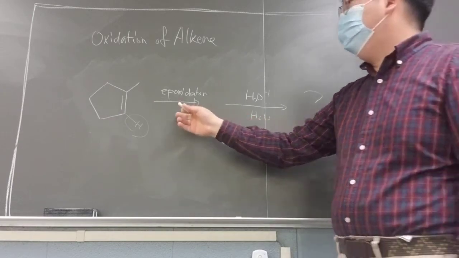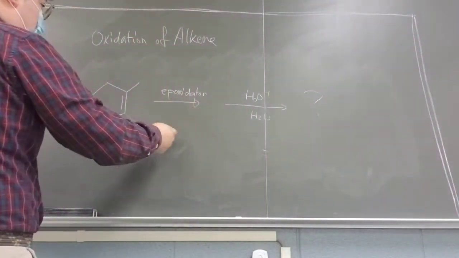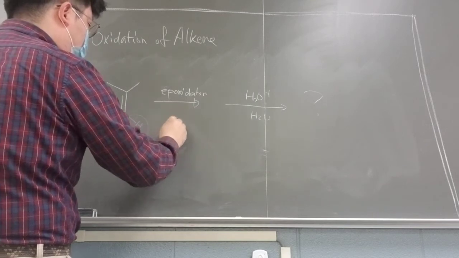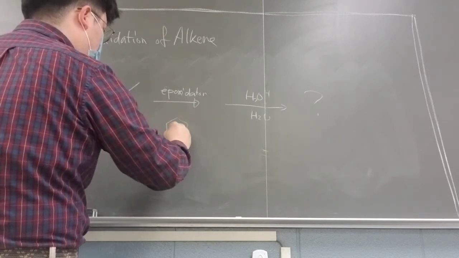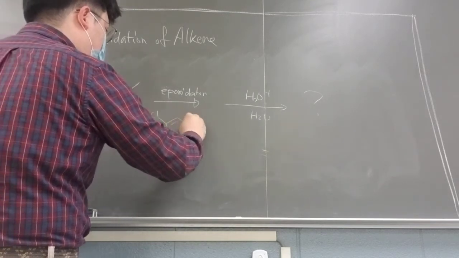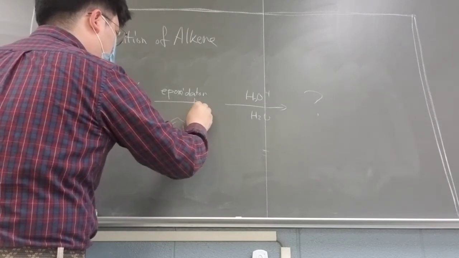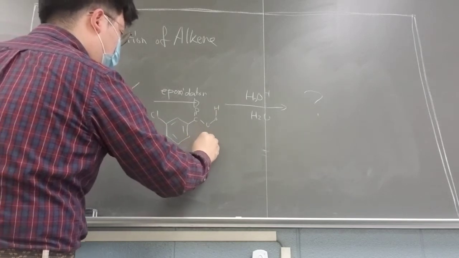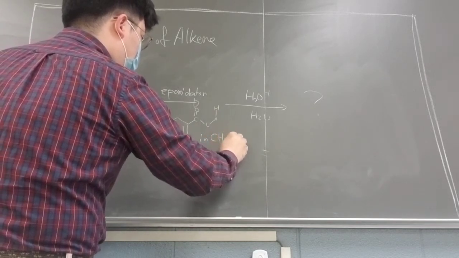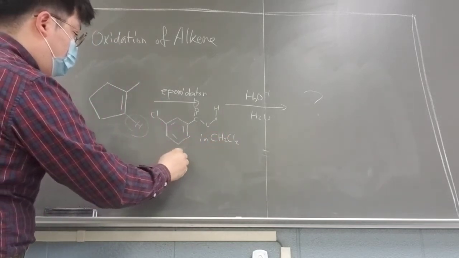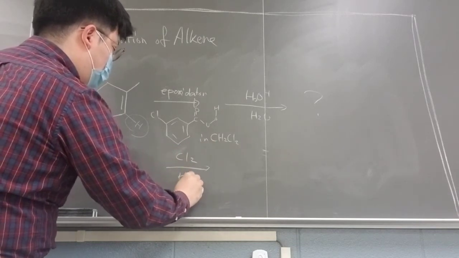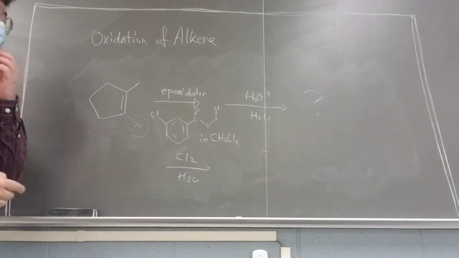So the epoxidation, it could be anything. It could be used this one. Okay, then I form a vein here, or you can do what? It would be the same, right? The epoxidation will be the same.